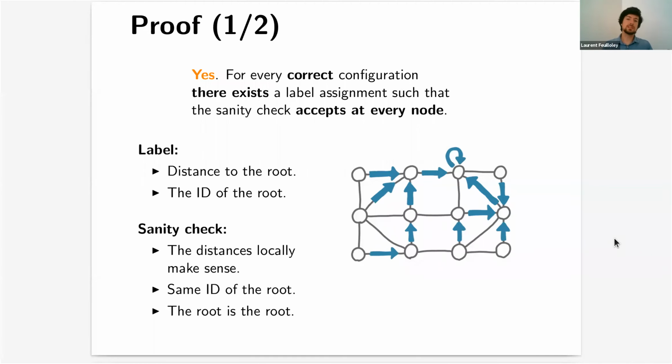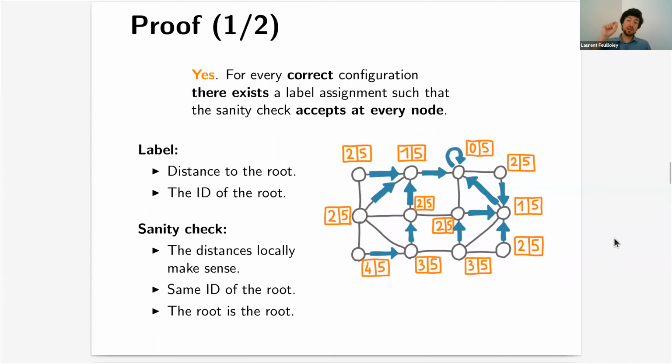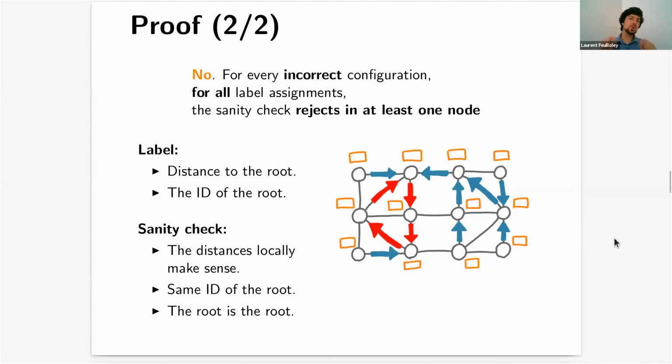For the yes case, I guess you're all convinced that if I identify the root and I write the good distances and I write the ID of the root to every node, then the sanity check is accepting everywhere. Now for the no condition, and this is more tricky. We said there are basically two ways in which a set of pointers cannot form a directed spanning tree, and these are a cycle and a disconnected configuration.